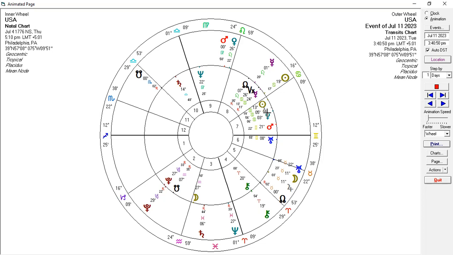We have the structure, the resistance to constriction, in a harmonious angle to United States's Jupiter, large, expanding. So there may be some kind of an interesting thing coming up on that. We got an expansion and a contraction, very opposed aspects, but it's in a nice angle to one another.